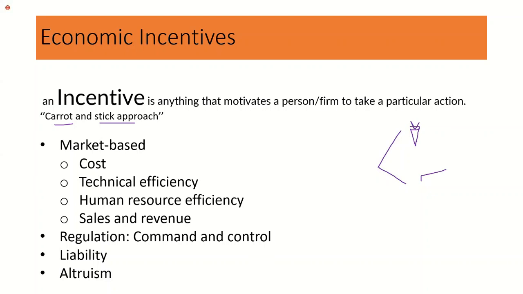It's a way of enticing somebody, so that person will move towards that particular action. The other one is the stick. If you don't comply, then the government can fine you. So you would do something mainly because of these two reasons.